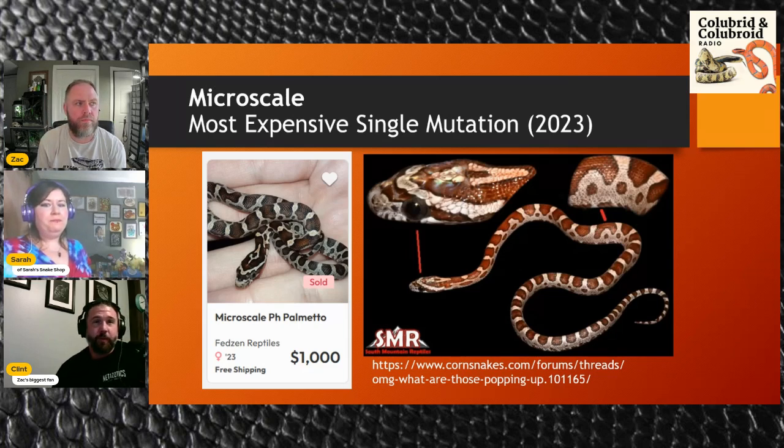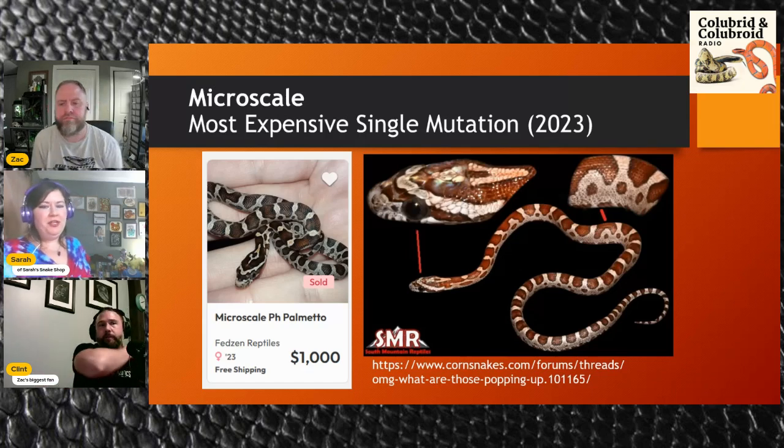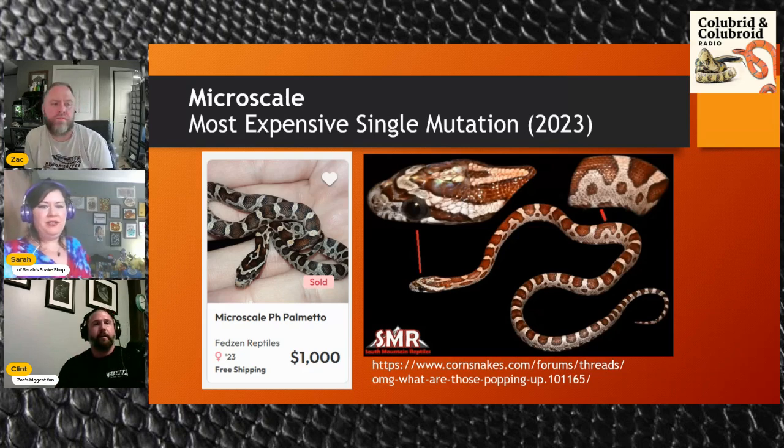Because with this mutation, there's really no difference in its appearance, correct me if I'm wrong, other than simply the scales are much smaller. Yep. Is that fair? Yep. And so when you breed two microscales together, you don't get anything different. You just get more microscales, right? Yep. Okay. Well, plus whatever, AML microscale or whatever else. But yeah.